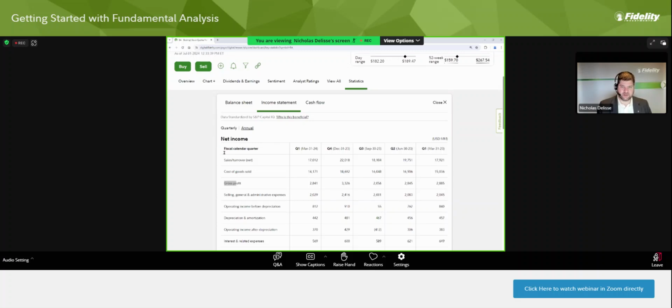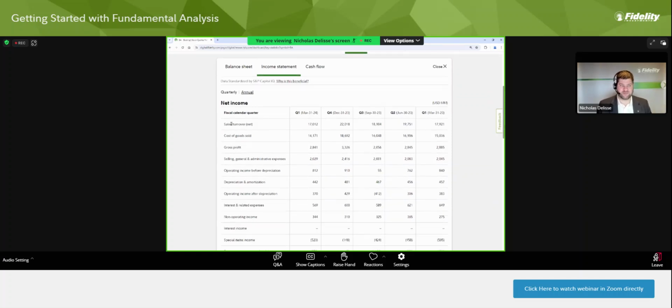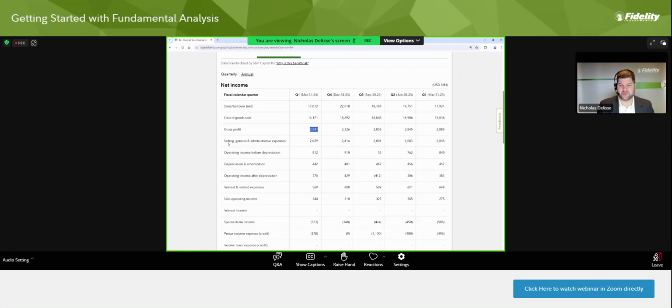So this is all standardized on here, and different companies will break different things down, but in the basics you have sales, cost of goods sold, and here's your gross profit. Then you have to pull out selling, general, and administrative expenses, which again differ by company.